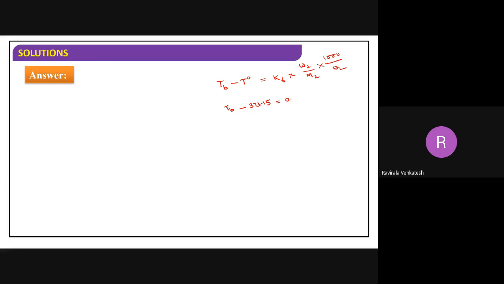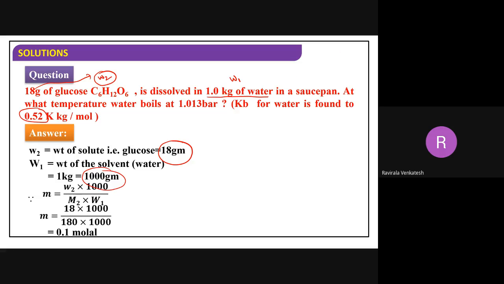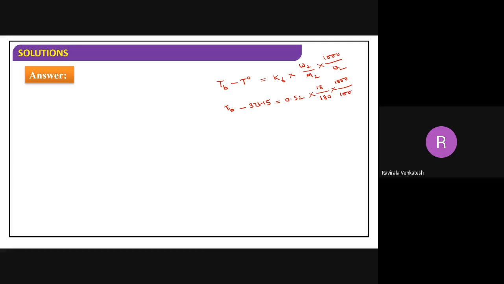Kb value is given as 0.52. The weight of the solute is 18 grams. The molar mass of glucose is 180, into 1000. The weight of the solvent is 1 kg, so take 1000. Now 1000 gets cancelled. 18 ones are 18, tens are here. Remaining is 0.52 divided by 10, which is 0.052.